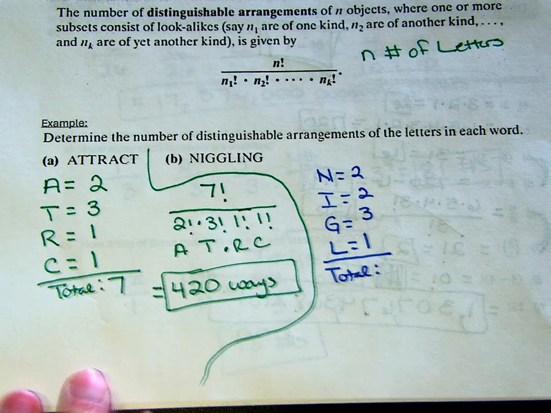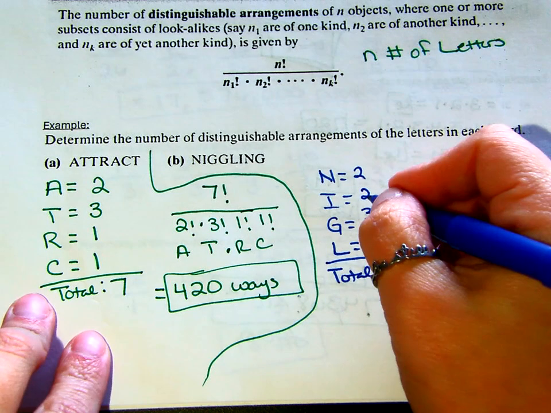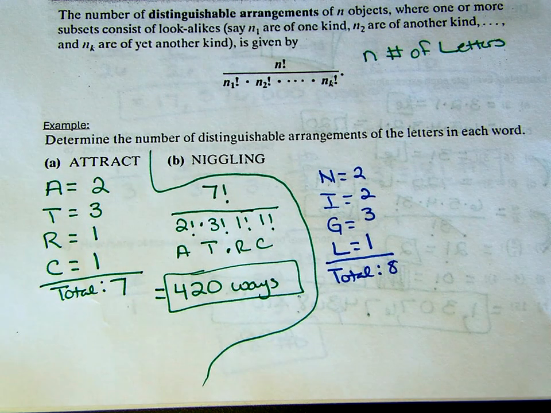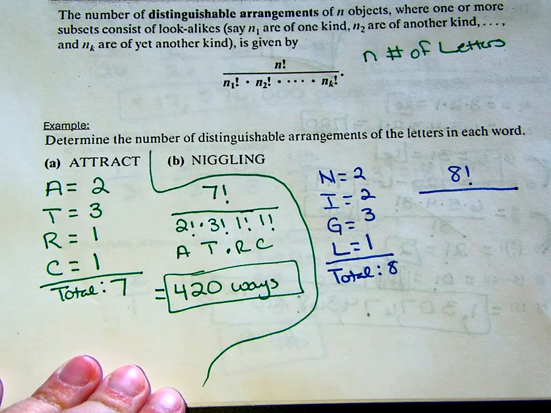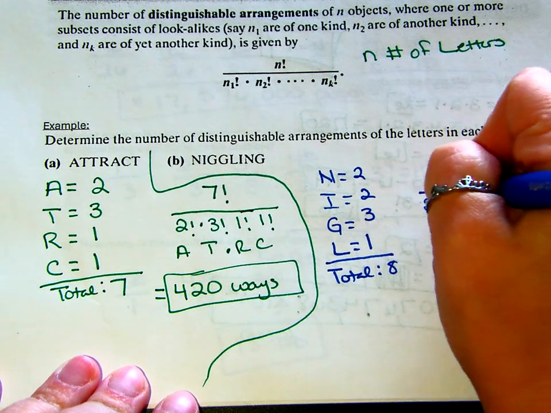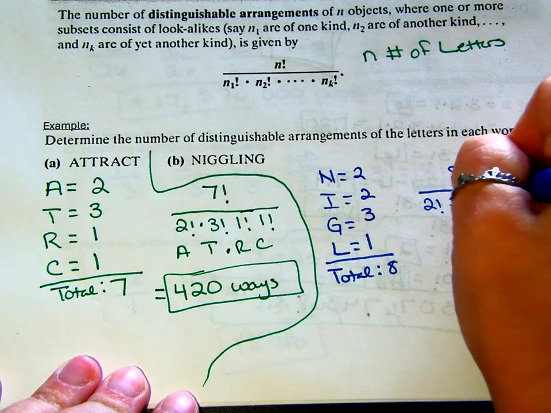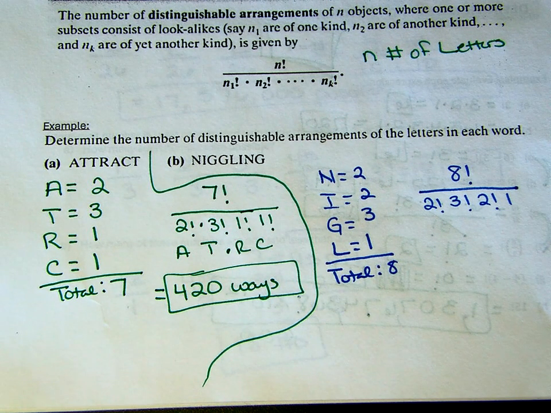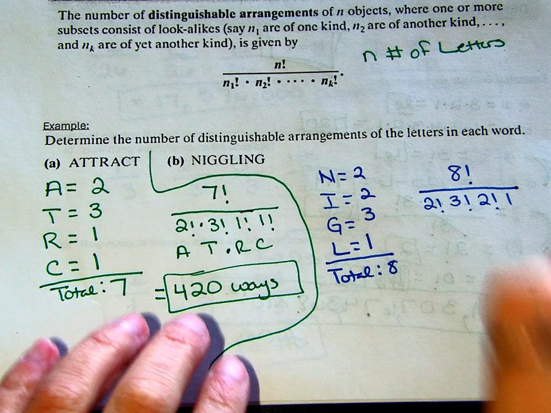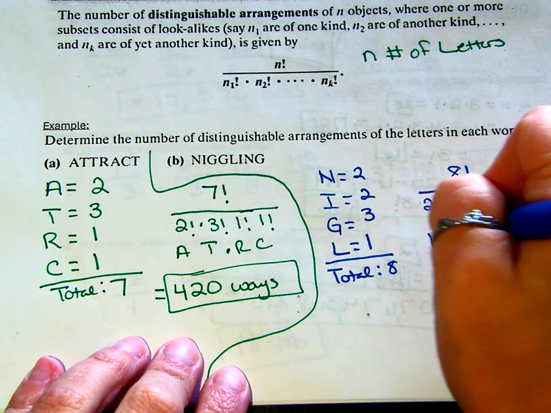So this one on top will have 8 factorial. But then on bottom, you'll have 2 factorial, 3 factorial, sorry, I went out of order, 2 factorial, and then 1 factorial, however you want to think about it. I usually, after the first 2 problems, start leaving the letters that only have 1 off, because they're not going to affect anything. Multiplying by 1 doesn't change it. So here we have 1,680 different ways we can get distinguishable arrangements within these letters.